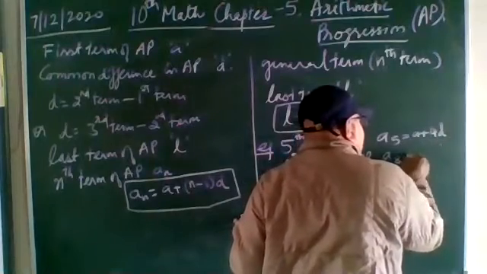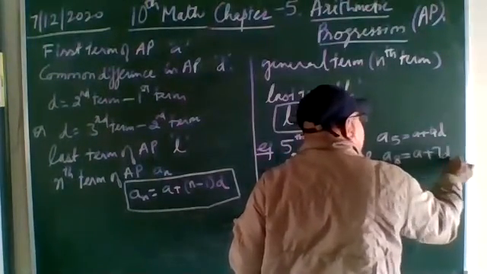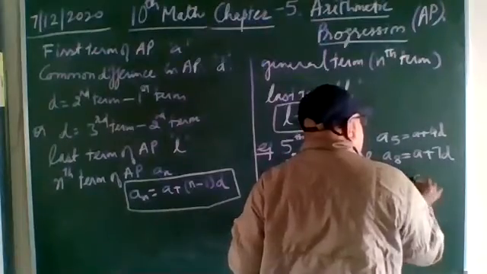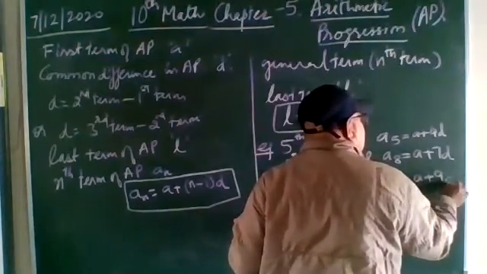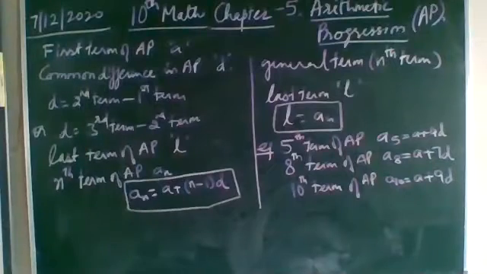If I say a_8, then you will say a plus 7d. a_10 is a plus 9d. Fifth term of AP, a_5, eighth term, a_8, 10th term, a_10 equal to a plus 9d.